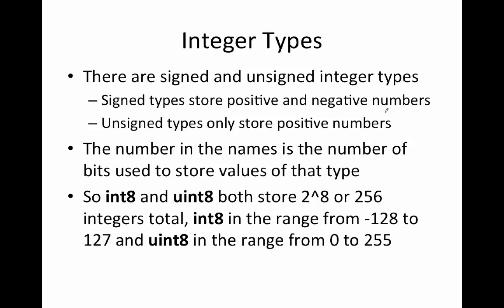Don't forget the zeros in there. And for uint8, it's not storing the sign, it only stores positive numbers, so those values range from 0 to 255. So this is true for all of the integer types. The number that's in the type name is the number of bits used to store values in that type.